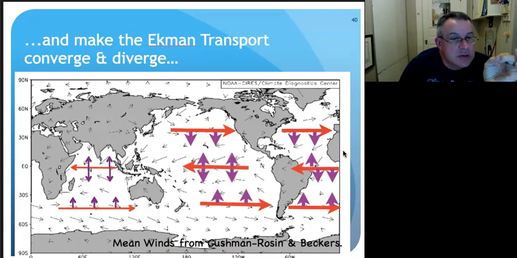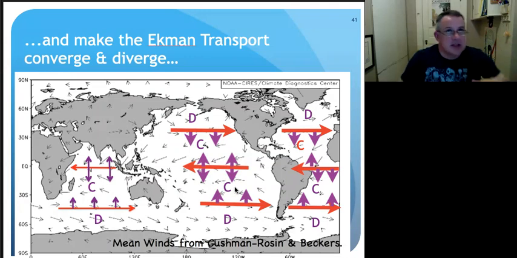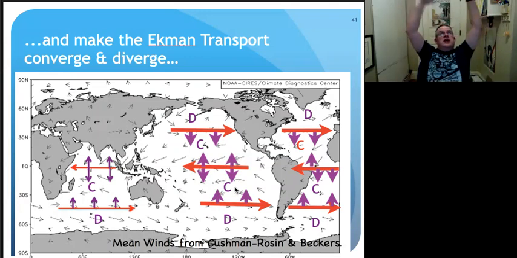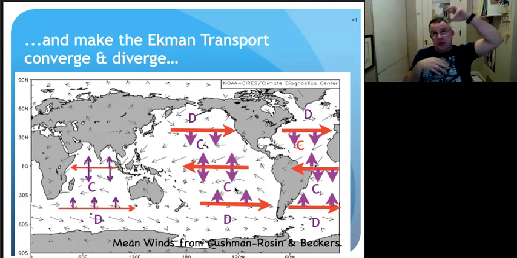Here are the Ekman transports, which implies that there are convergences everywhere where we see a C, C, C, and divergences everywhere where we see a D, D, D. And if the water converges, we would expect it to pile up at the surface and maybe depress the pycnocline down, remembering that that convergence is happening in the surface layer, because the Ekman is only a surface transport process, not a whole depth process.